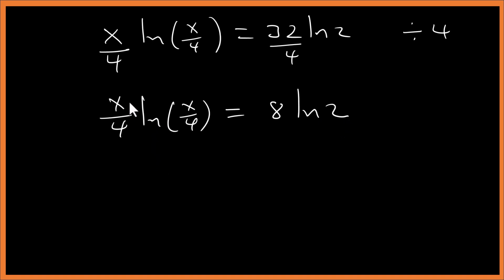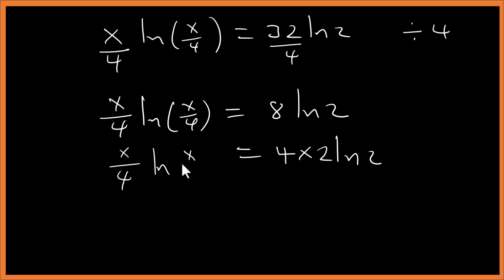Now, because this side is the same as this side, let's make this side equal to this side. As simple as that. So from here, you can write 8 as 4 times 2 ln of 2, and we have x over 4 ln of x over 4.